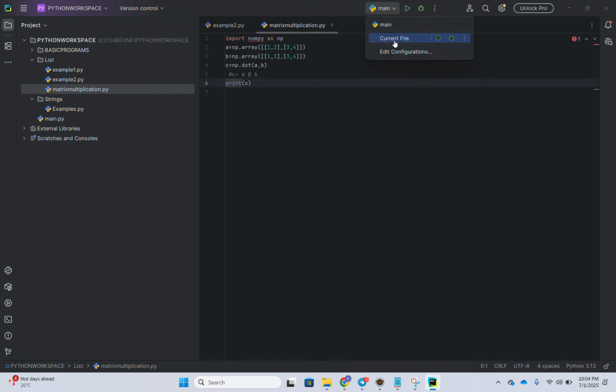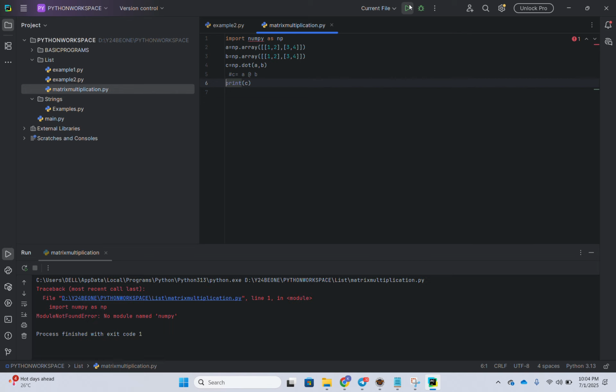Import numpy as np. Why am I getting an error? I think I didn't download this library, so I'm getting this kind of error. Maybe I have to install the modules or packages.